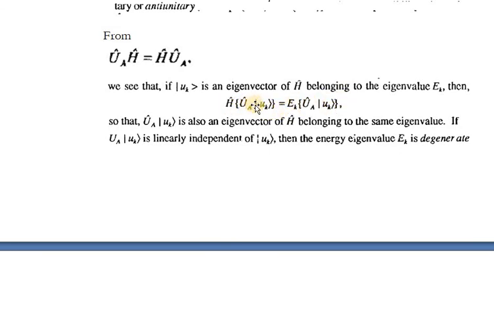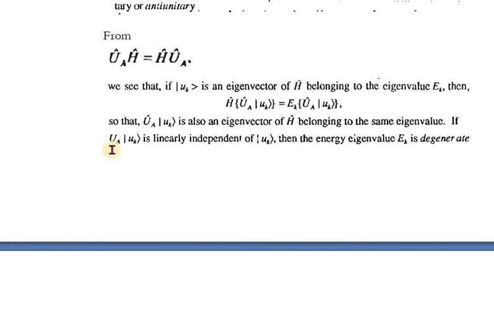That means H psi equal to E psi. We already know that. Then using the transformation equation, we get on the right side that U ket psi_k is also an eigenvector of H belonging to the same eigenvalue.